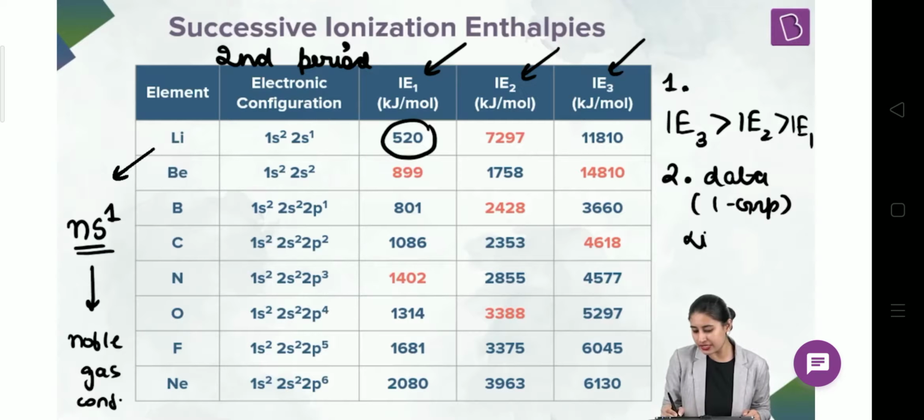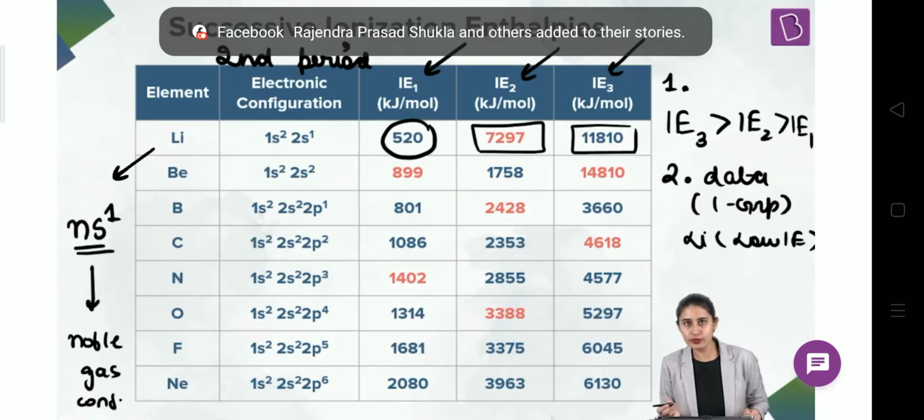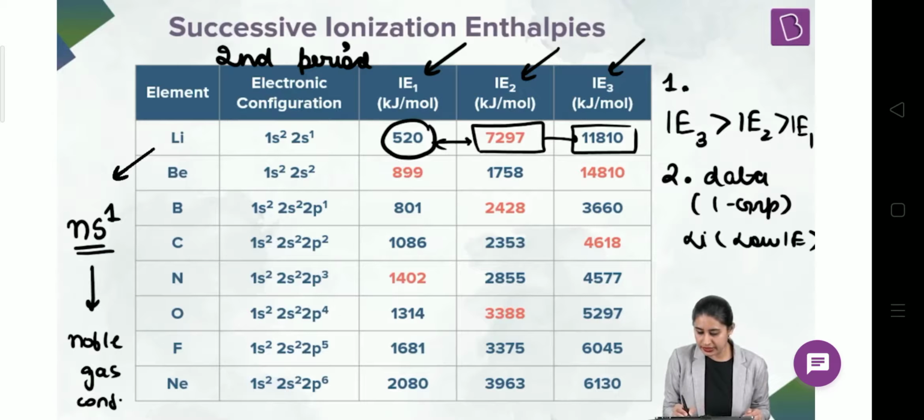But from here we can see lithium has very low ionization enthalpy. Also, first ionization enthalpy for lithium is low, but second is very, very high. And then the third one has to be higher than the previous one. If you talk about the difference, you can very well see the removal of the next electron: first electron is easy, but second electron removal in lithium is very difficult.